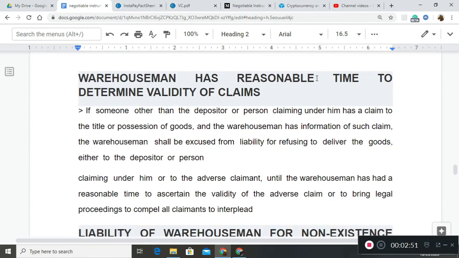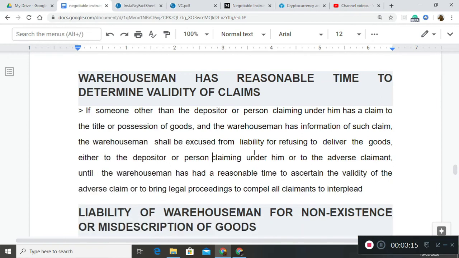So our warehouseman has a reasonable time to determine the validity of claims. If someone other than the depositor or person claiming under him has a claim to title or possession of the goods, and the warehouseman has information of such claim, he shall be excused from liability for refusing to deliver the goods to the person claiming under the receipt or to the adverse claimant until he has had reasonable time to ascertain the validity of the adverse claim.